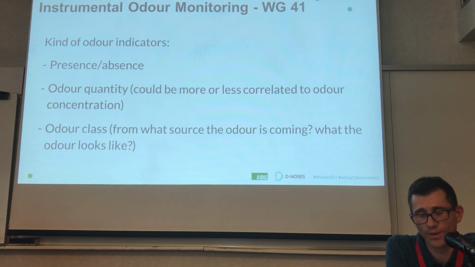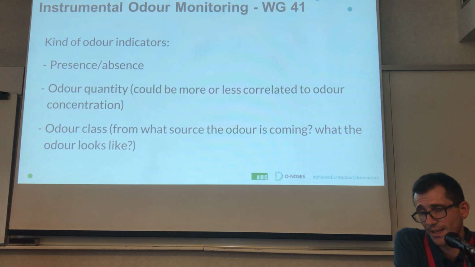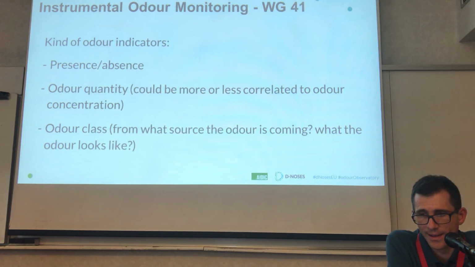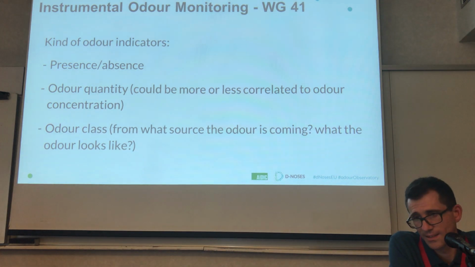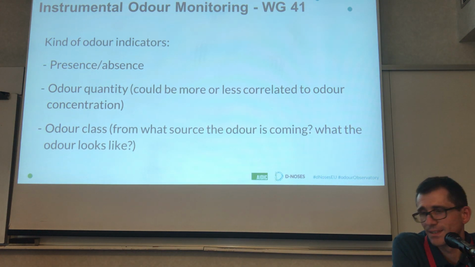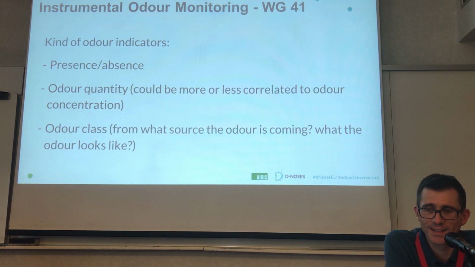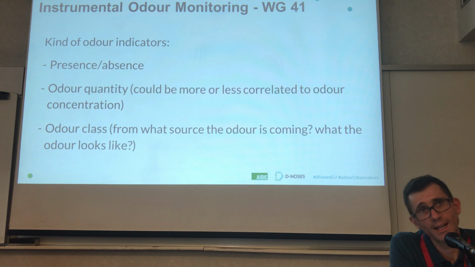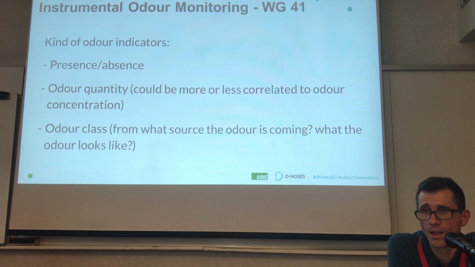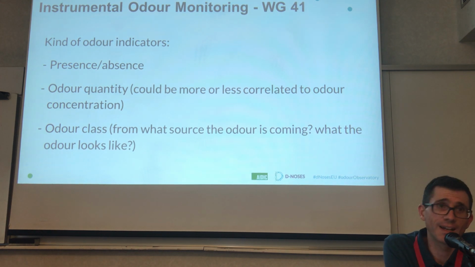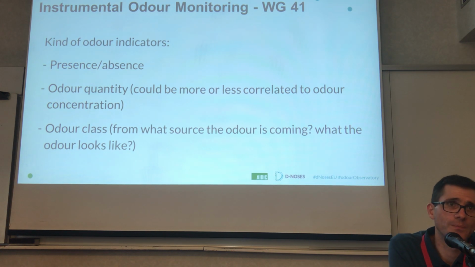The kinds of odor indicators that are considered in the draft standard are presence and absence of odor, the odor quantity that is more or less correlated to odor concentration, a kind of odor magnitude, and it is considered as the odor concentration rather than the odor intensity.